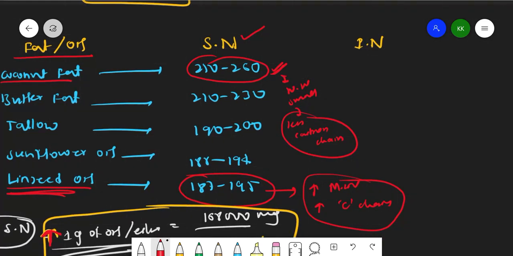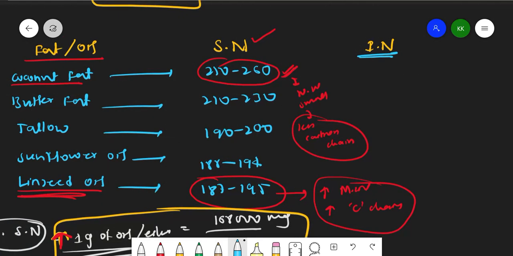Now coming to the iodine value, or iodine number. For the same coconut oil, the first one, its iodine number is 8 to 10, which means unsaturation is very less. For butter fat they have calculated 26 to 28, and for tallow it is 30 to 48, whereas for sunflower oil it is 140 to 156, and for linseed oil it is 170 to 185.